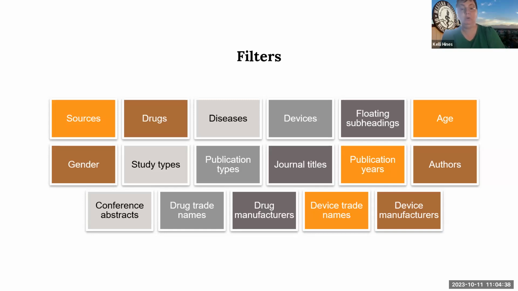Then there are also your standard year of publication and publication types. It also has a variety of conference abstracts, so it's really good for searching the gray literature as well if you're doing a systematic review. And then it has drug trade names, manufacturers, and device trade names and manufacturers as well, if you're searching for some of those specific types of information.